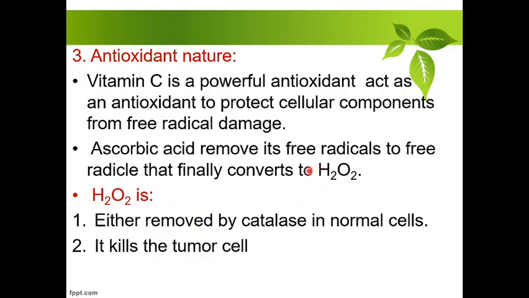You can see here the oxygen has a dot on it, a free radical, which is converted to hydrogen peroxide. So hydrogen peroxide has two fates: either removed by catalase in normal cells, as I just told you, and number 2, a very important role, it kills the tumor cells.